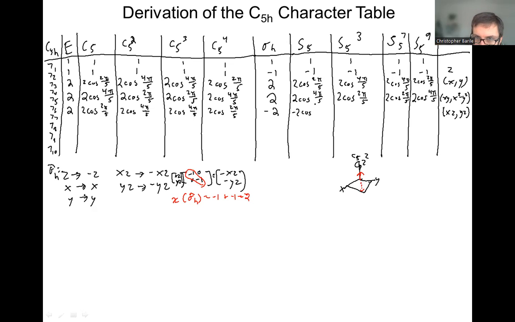So this makes sense. So -2 cosine 2 pi over 5, -2 cosine 2 pi over 5, and then just taking the negative of the one up there, -2 cosine 4 pi over 5, and -2 cosine 4 pi over 5, and -2 cosine 2 pi.